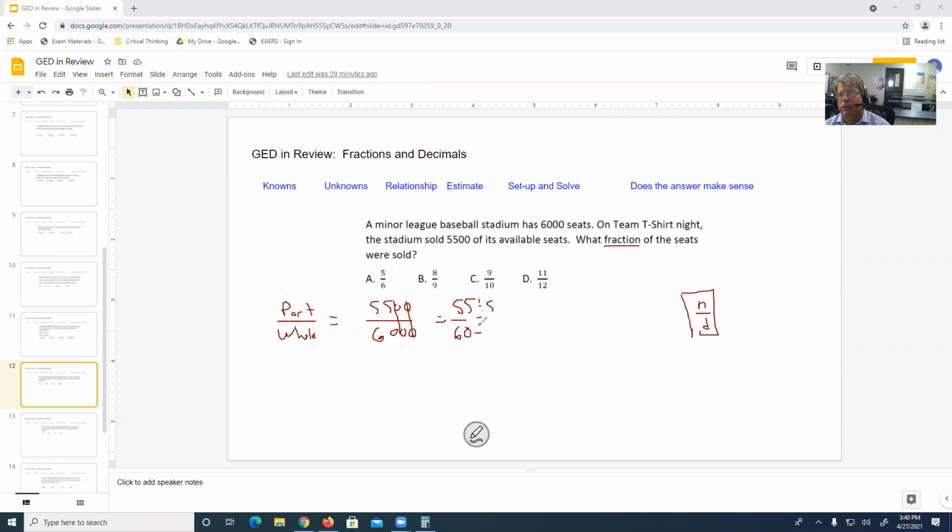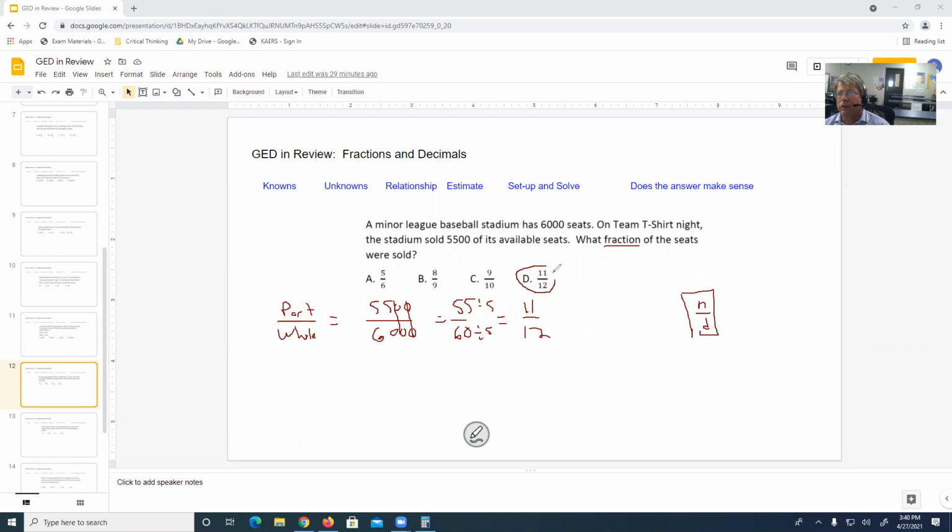When you reduce fractions, you have to divide the numerator and denominator both by 5. That's going to equal out then, let me get my eraser out there. Got a stray little marker. So 5 goes into 55, 11, and 5 goes into 60, that would be 12. So 11/12 would be the result.